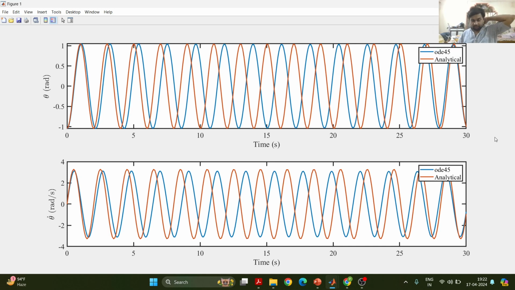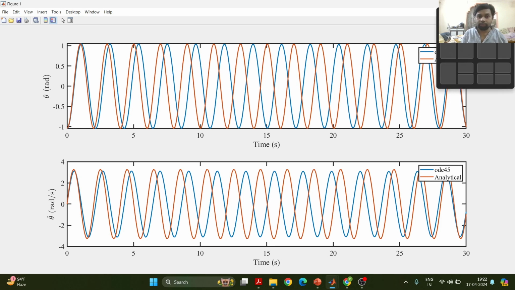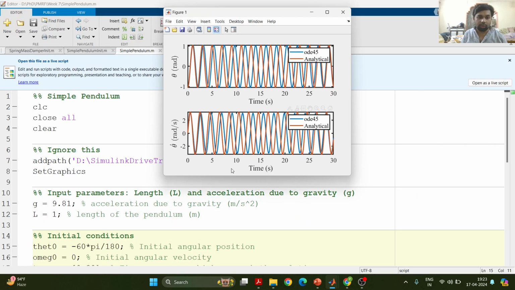That is probably because the actual solution is non sinusoidal, but after a few cycles it again merges with the analytical solution, which assumes the same time period.